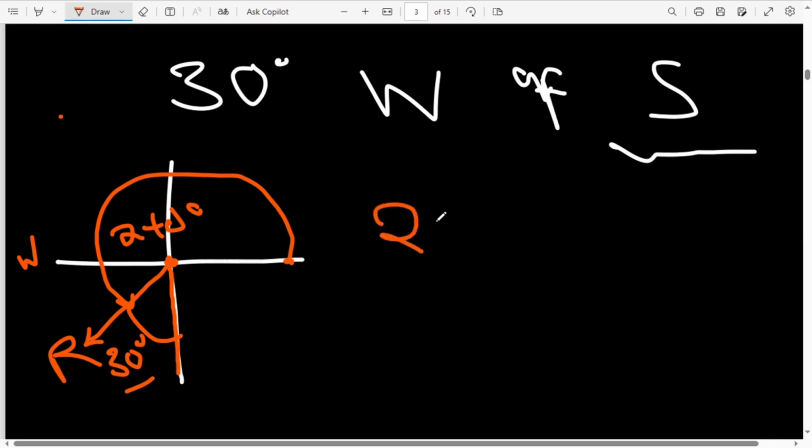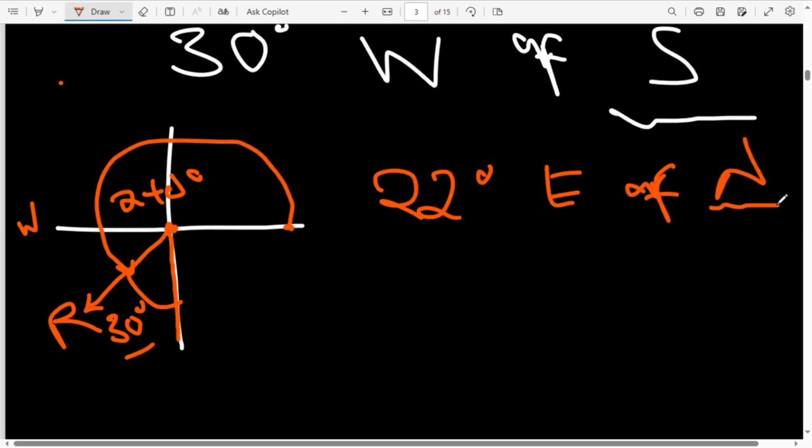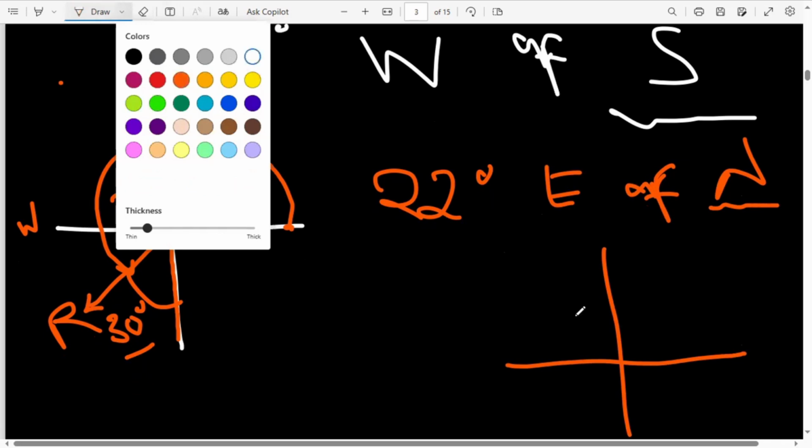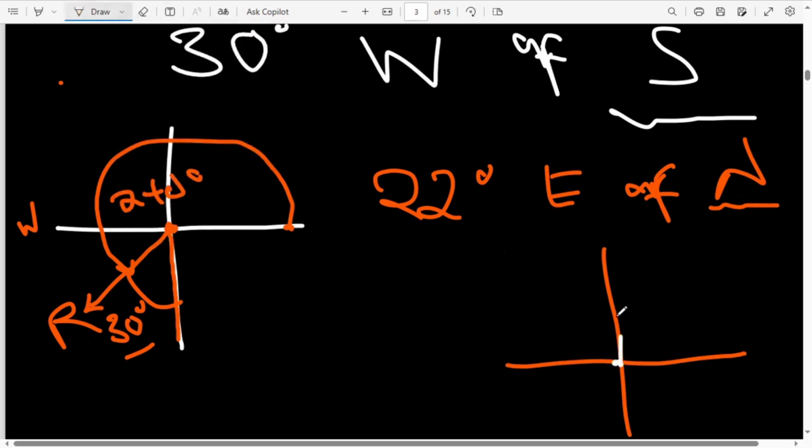So if I say 22 degrees east of north, what do I mean? Remember we said the last direction is always our reference point. So we are going to go to the north and then move 22 degrees to the east. This is my starting point. I'll move to the north, and then I'll move 22 degrees to the east.